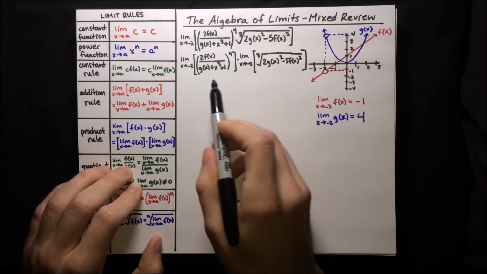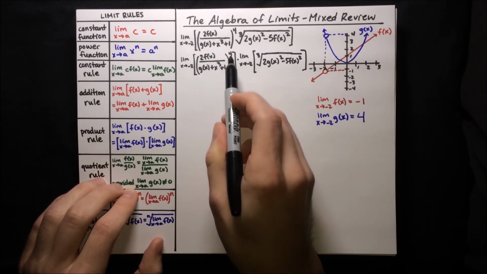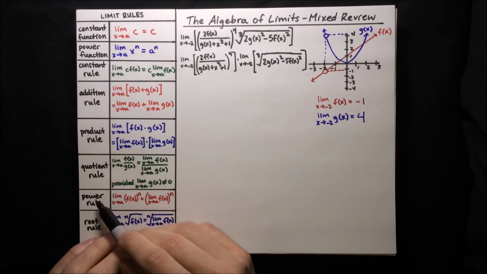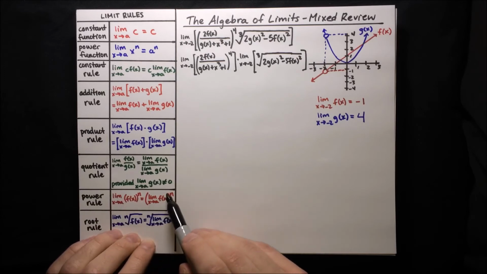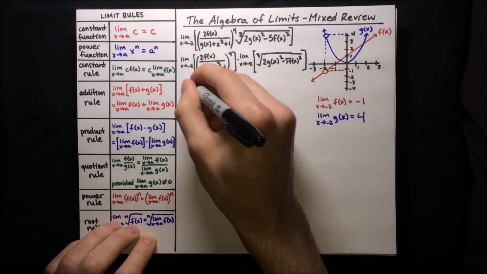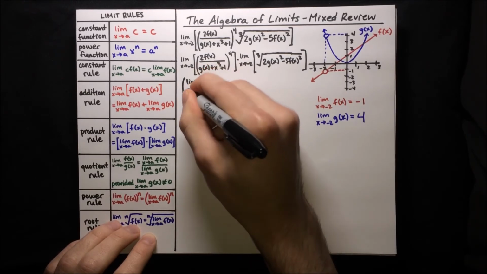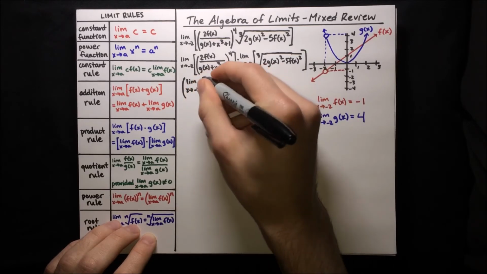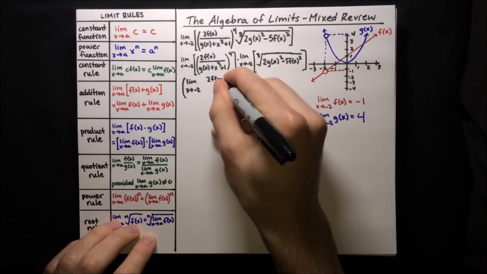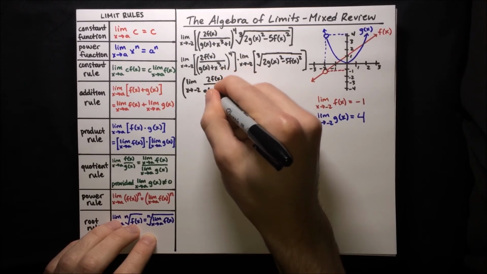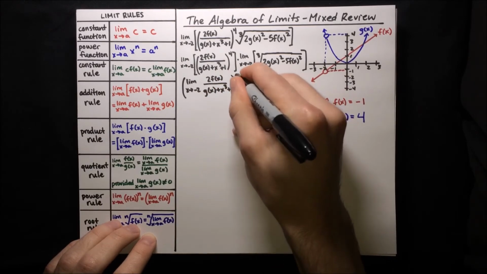Alright, so now to compute each of these limits, in this limit, we see that this whole term is raised to the fourth power, and according to the power rule, when we have a function raised to some power, we can move the limit inside of the power. So we'll go ahead and do that here. So this becomes the limit as x approaches -2 of the function inside of the fourth power, 2f of x over g of x plus x to the third plus 1, and all that raised to the fourth power.